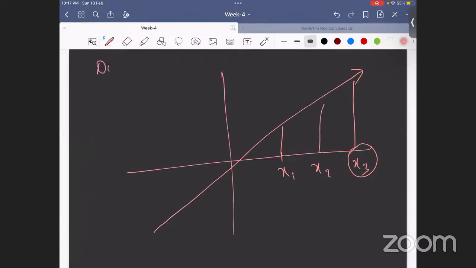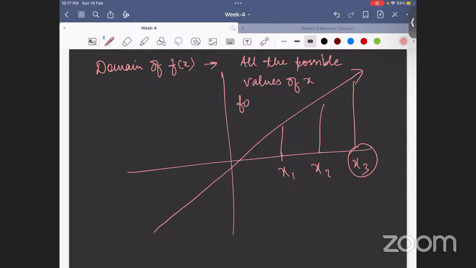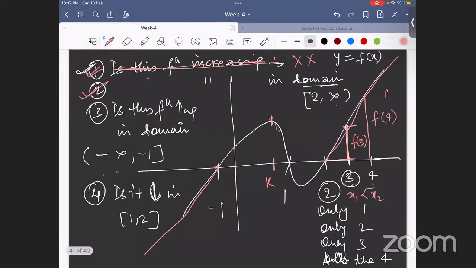Here I just told you that f(x) is increasing. I didn't tell you about the domain. That means if I am not saying anything about the domain, you have to take into consideration minus infinity to infinity, because from minus infinity to infinity the function is defined.